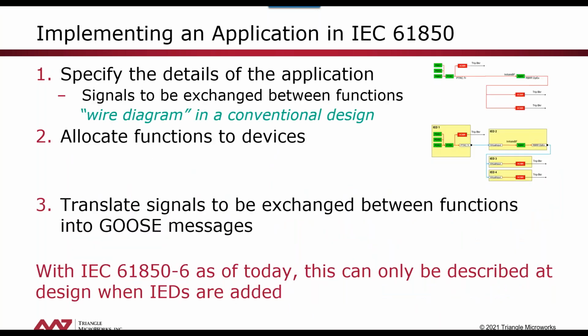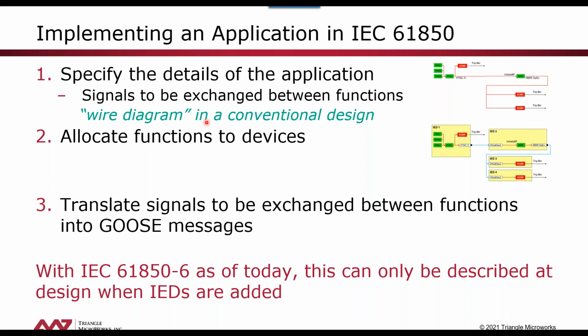Now, when we look in general at how we have to implement an application in IEC 61850, we have basically 3 steps. We start, like Thomas explained, with the specification of the application, the details of the application, which means the signals that have to be exchanged between the functions. This corresponds to a wire diagram that we had in a conventional design.